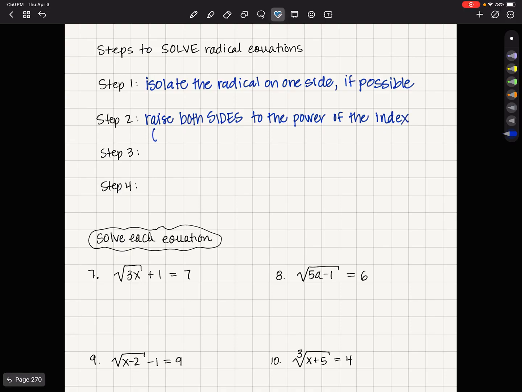Okay, this may mean that FOIL is involved. Not always, but sometimes you may need to FOIL. Step 3, we will rearrange and solve for the variable.